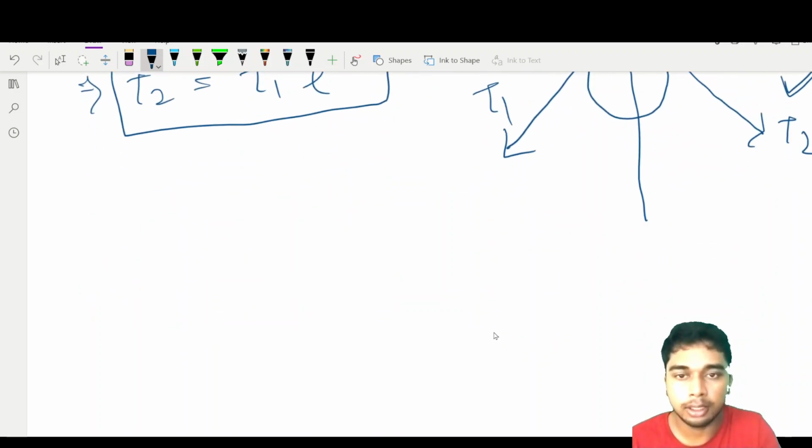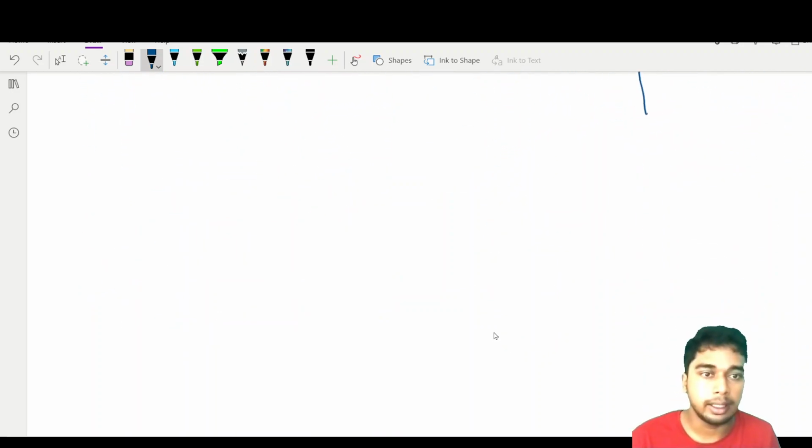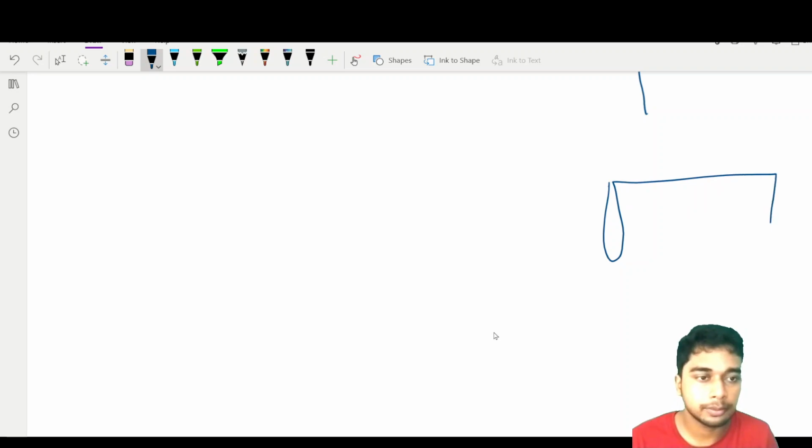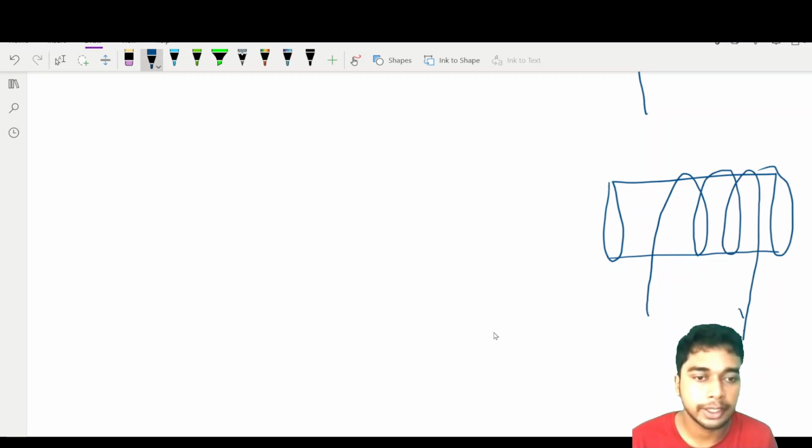For example, a question can be asked like this: this is a cylinder and a wire is wound around this cylinder in this fashion.